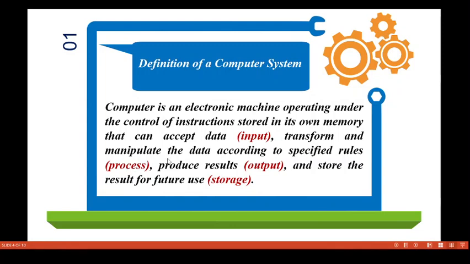After processing the data, it will bring out the results as information, that is output, and it also stores the result for future use. So anytime you are defining a computer system, you have to be very careful with these 4 keywords, that is input, processing, output, and storage. So this is how a computer is defined.